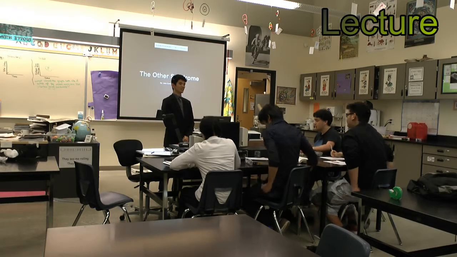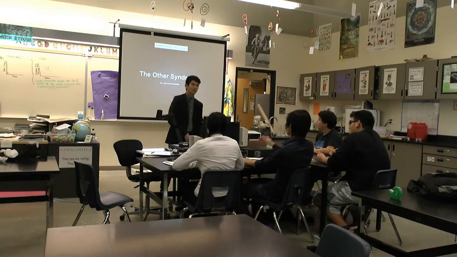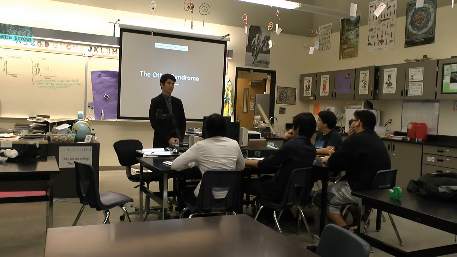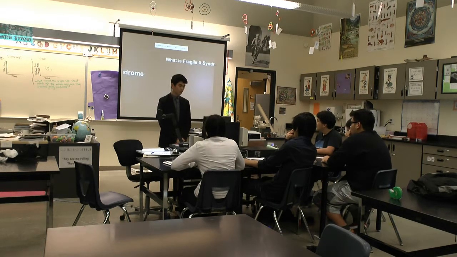Good morning, class. Welcome to the other syndrome lesson. Today I'm going to be talking about a genetic disorder called Fragile X, or as I like to call it, the other syndrome. So, what is Fragile X syndrome?